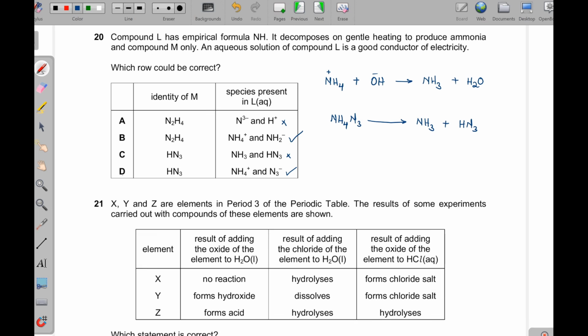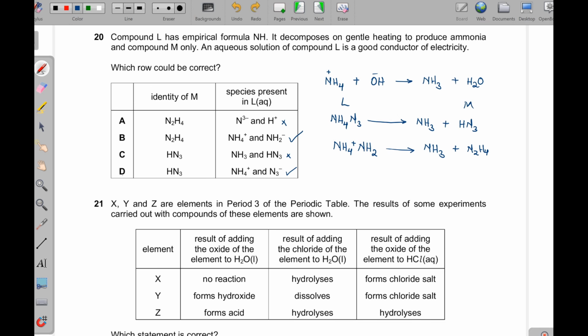Then there is also this one here for B, NH2, something like that. Then we get ammonia, plus compound M. What is compound M? Now for them they are saying N2, then H4. This is our L. Then this way we are having M. Empirical formula.